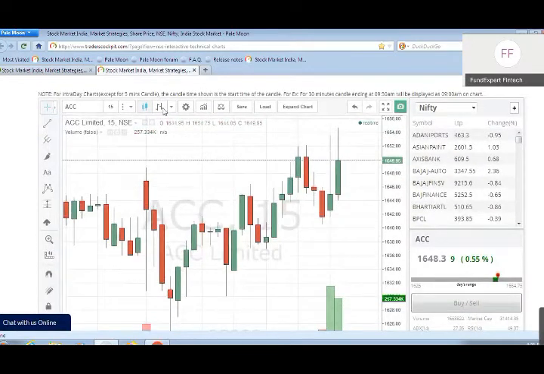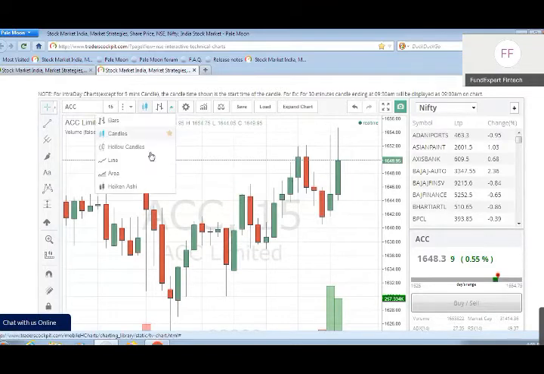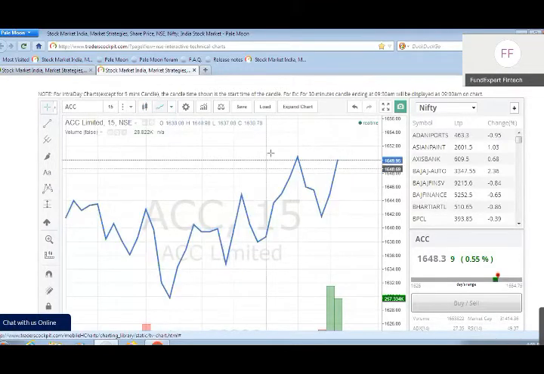When I say swing trading, let me bring it on a line chart. That means price was on a downside and then it is making a reversal here, as you can see on the screen.